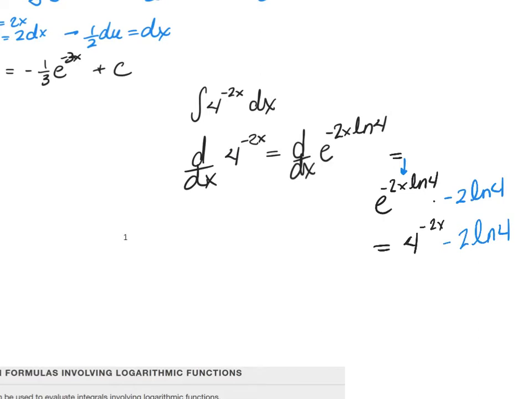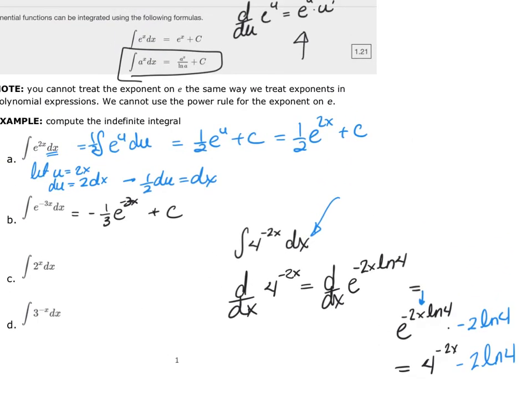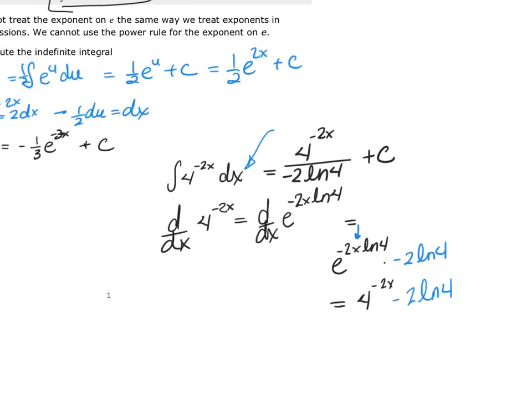So if I am asked to do the derivative here, and this is what I get to use, then I am missing a negative and a 2. So if I'm asked to do this antiderivative, then it's going to be 4 raised to the negative 2x, and I'm missing the negative 2 times the natural log of 4, plus c. I am missing this piece of it.